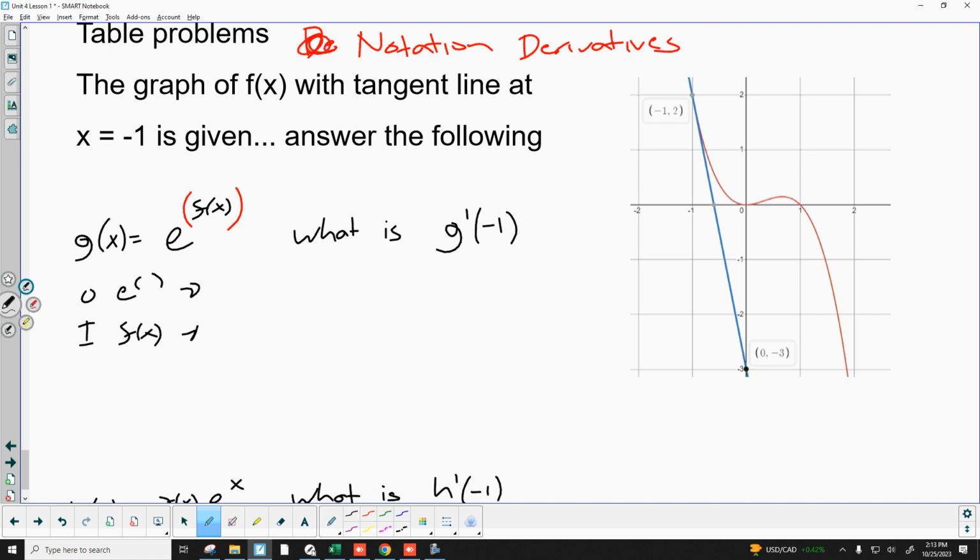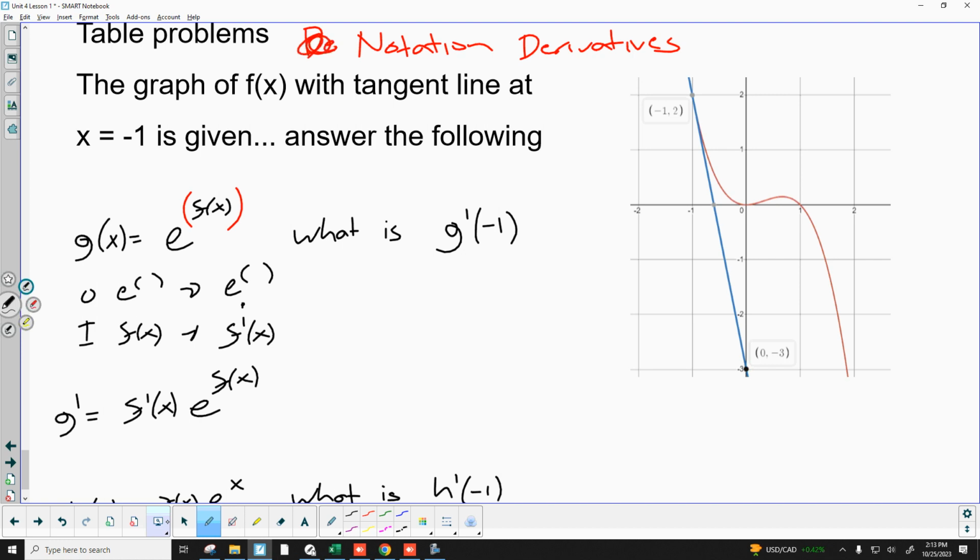I'm going to follow the rules, which are take our derivatives, and then what starts in the parentheses stays in the parentheses. The derivative of f is f prime. So I'm going to put f prime in front, times e to the f of x.